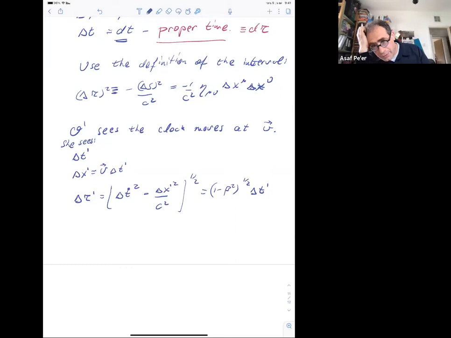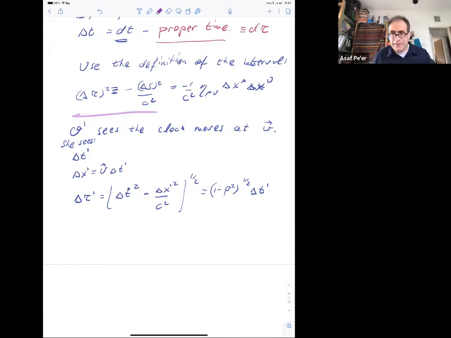Delta tau is the proper time. It's defined using the interval. And the interval, remember, we all agree on the interval. So if we are both in an inertial coordinate system, let's assume for the time being that we are, then the coordinate systems are related via Lorentz transformation, right?